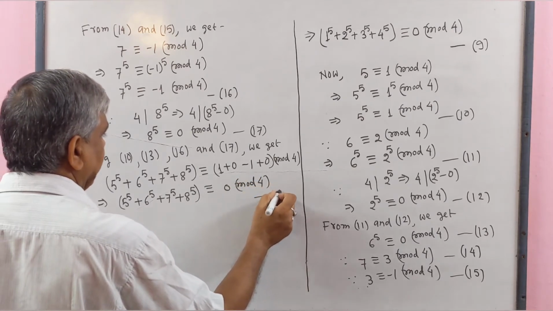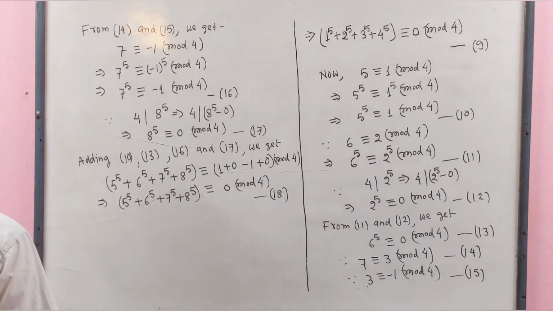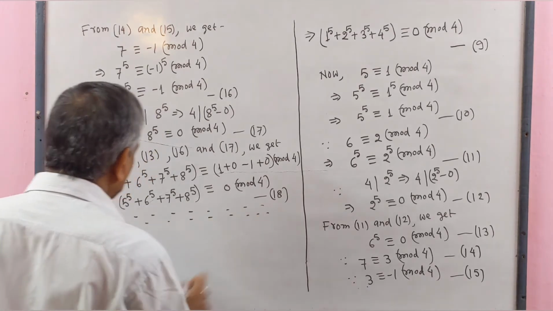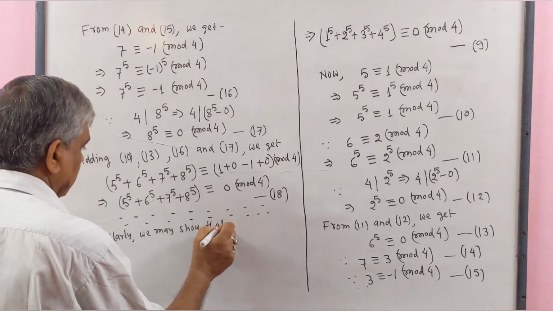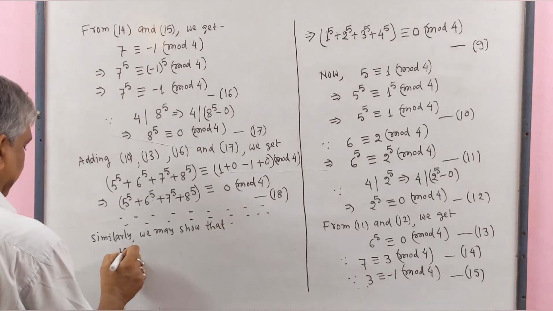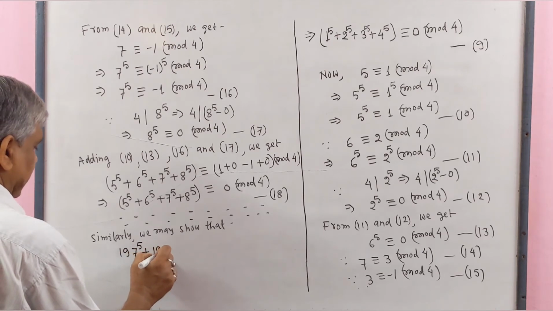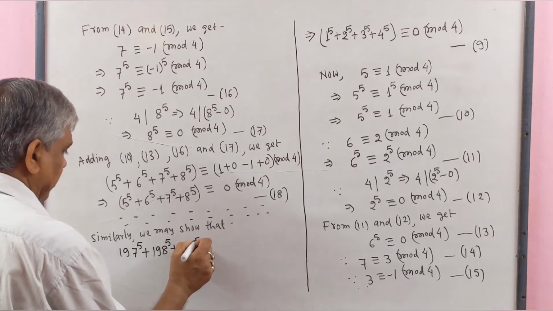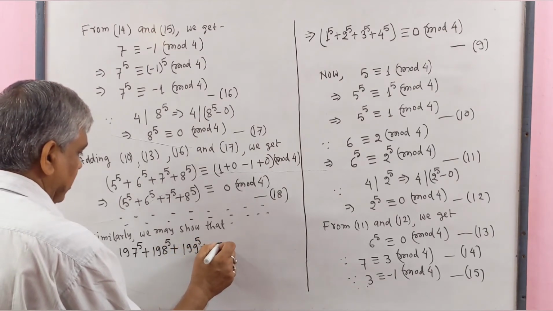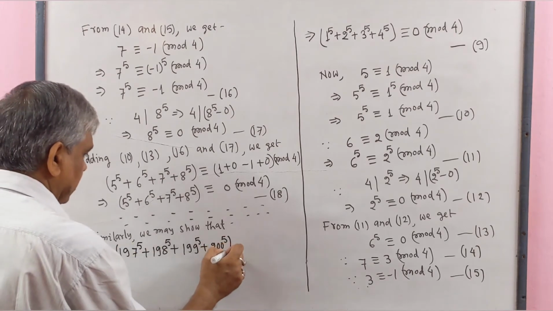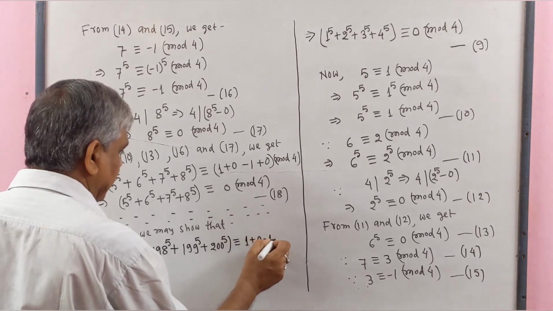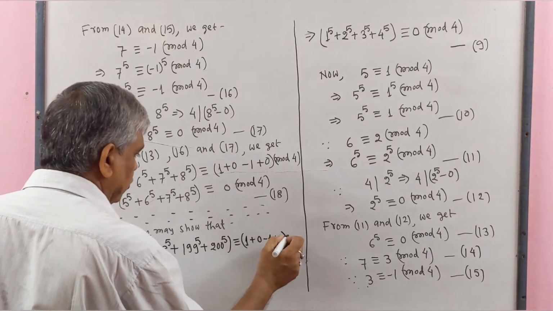Let this is 18. Similarly, we may show that 197 to the power 5 plus 198 to the power 5 plus 199 to the power 5 plus 200 to the power 5 is congruent to 1 plus 0 minus 1 plus 0 modulo 4.